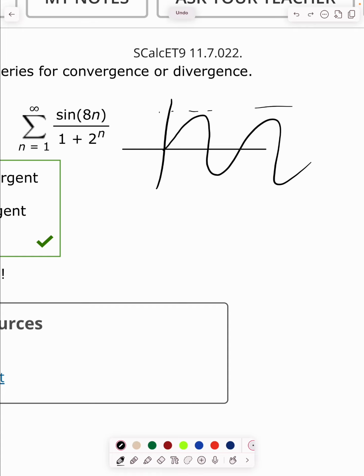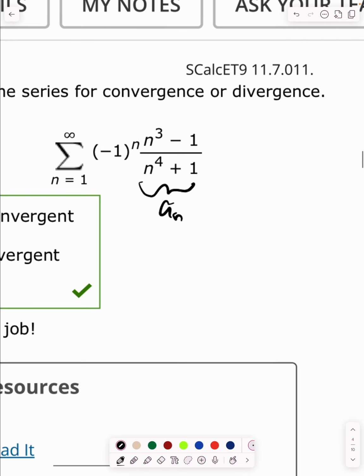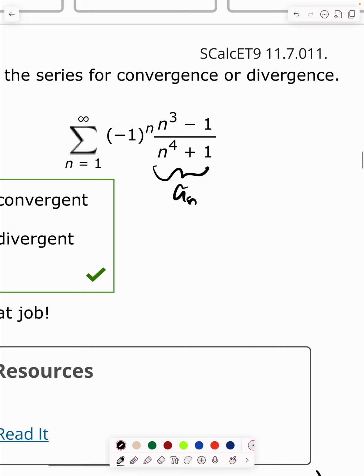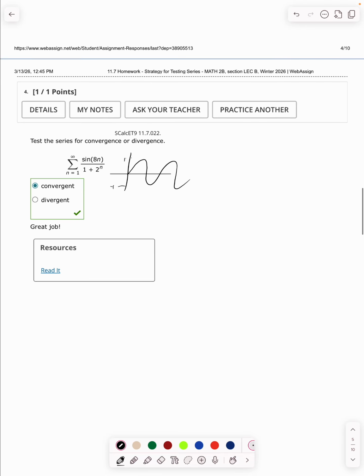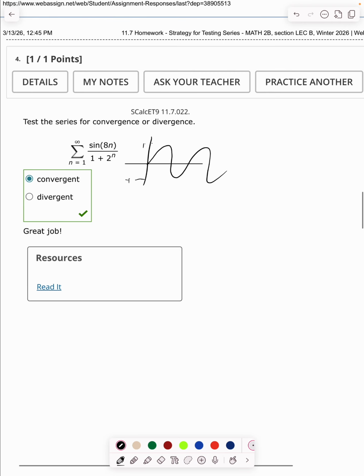Or this is 1, this is -1. And so what does this remind you of? It might remind you of this problem where it's kind of a hidden way of writing that my series is alternating from -1 to 1. Okay, so that's our first hint.